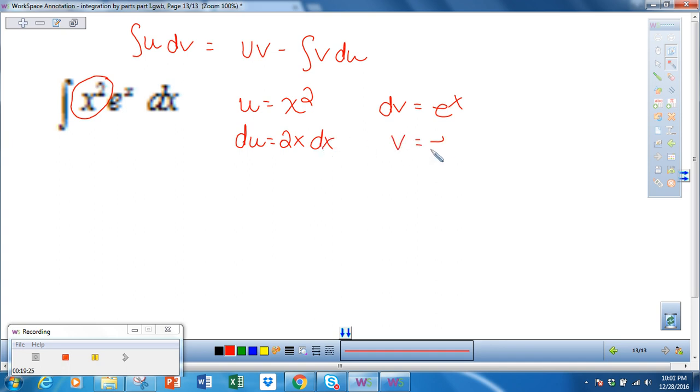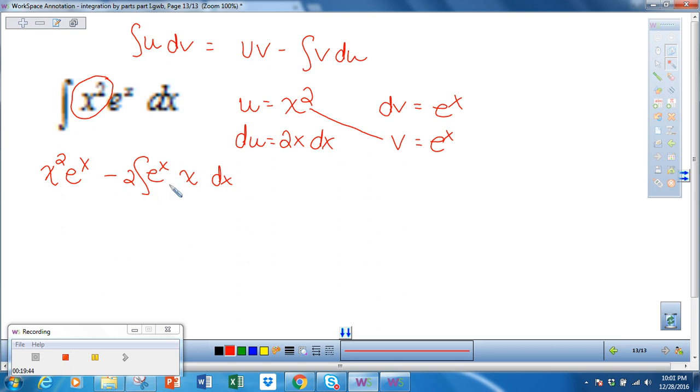And v is equal to e to the x. So remember, it's uv minus the integral of v du. So I'm going to put that 2 there and write that x dx.